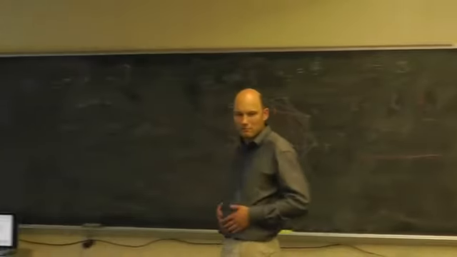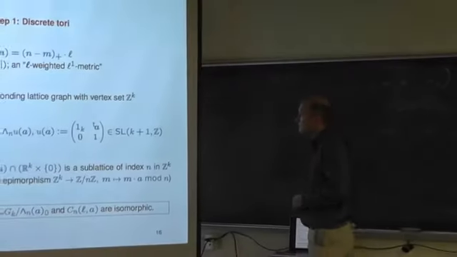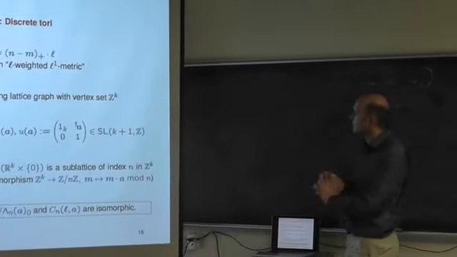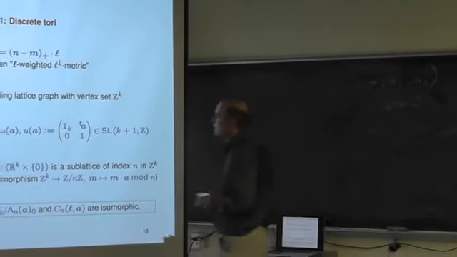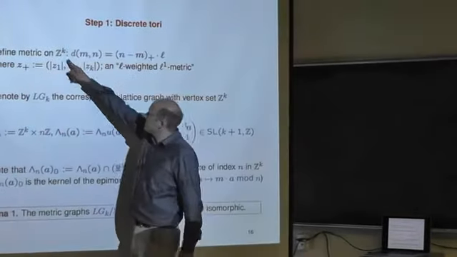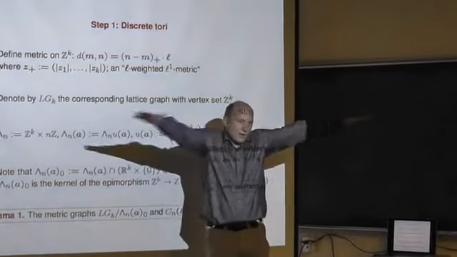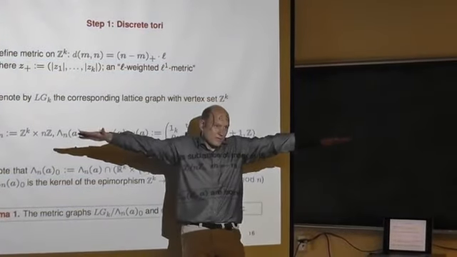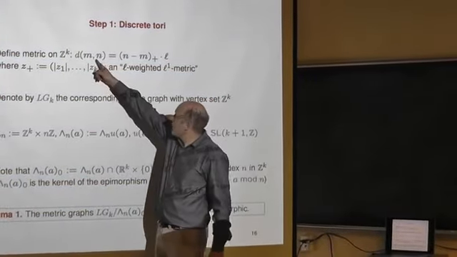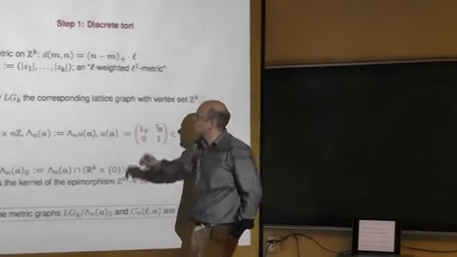How do you get a torus from a circular graph? So let me show you this. Okay, that's the first step. So Zk is our universal cover, if you like. And we define a metric on it just in this way.